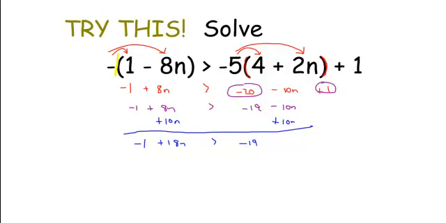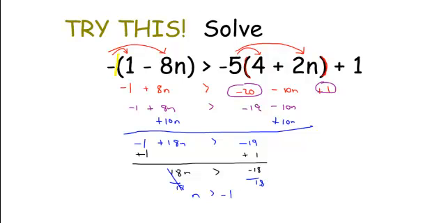Then I will add 1 to both sides. Negative 19 plus 1 is negative 18. And then bring down the 18n. And finally, divide both sides by 18. The sign will not flip. I didn't divide by a negative. And I get n is greater than negative 1.